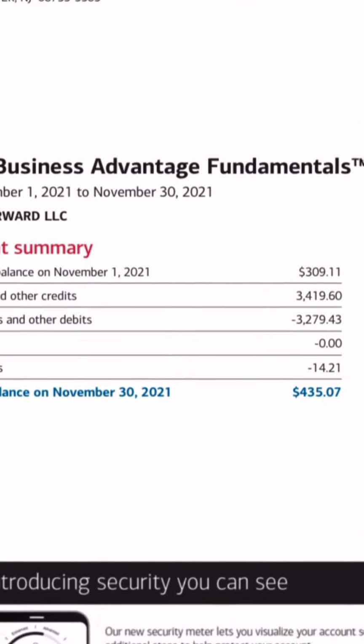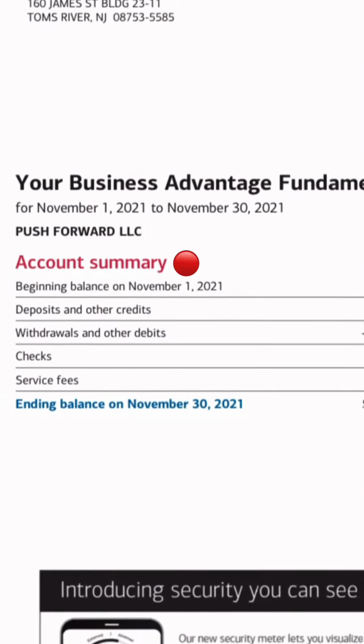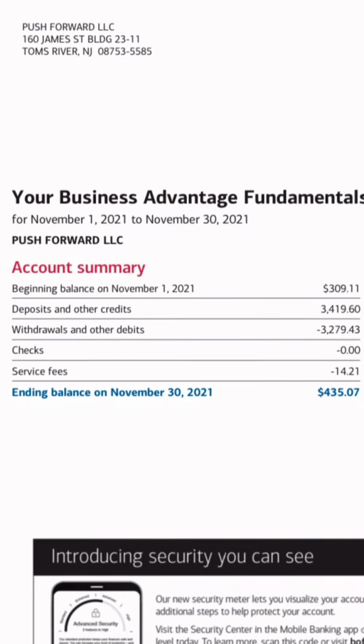We'll move to the account summary, as you can see here. Now, the account summary shows all the transactions that go on in the account, but in this case it appears in figures and is arranged horizontally on the statements.